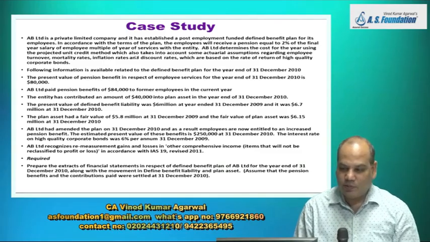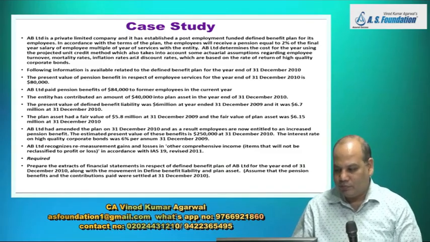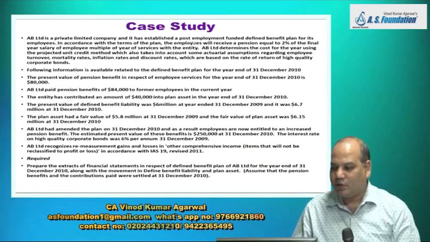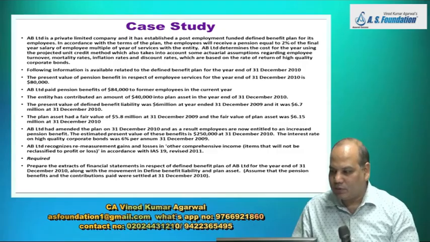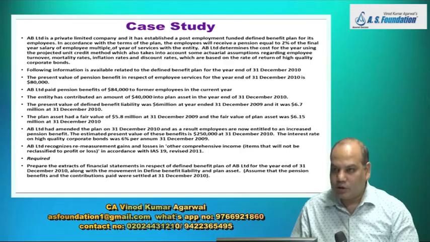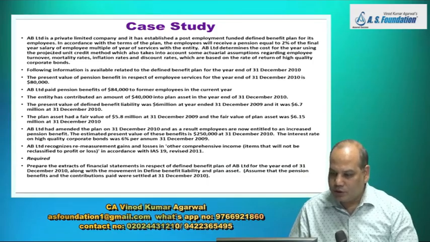AB Limited is a private limited company, and it has established a post-employment funded defined benefit plan for its employees. In accordance with the terms of the plan, the employees will receive a pension equal to 2% of the final year salary of employee, multiple of years of service with the entity.